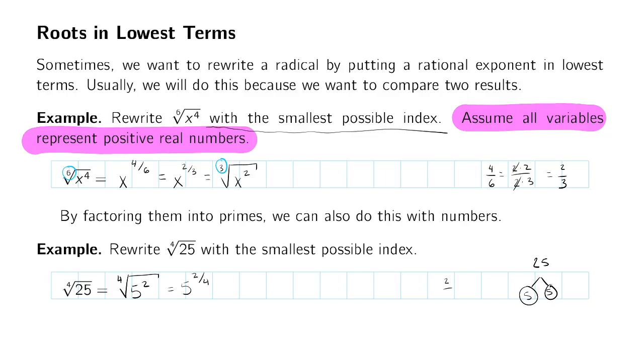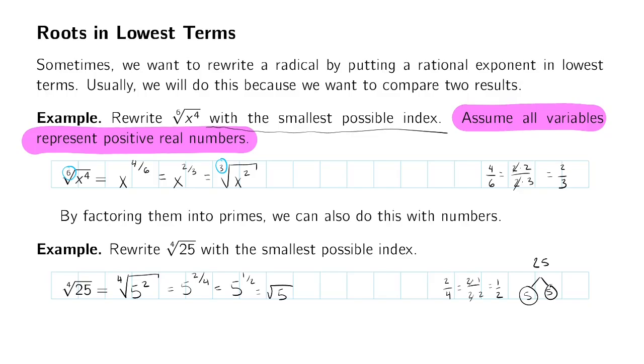Now, 2/4, that's 2 times 1 over 2 times 2. So that's 1/2. This is 5 to the 1/2, which is the square root of 5. It seems like the fourth root of 25 is equal to the square root of 5.